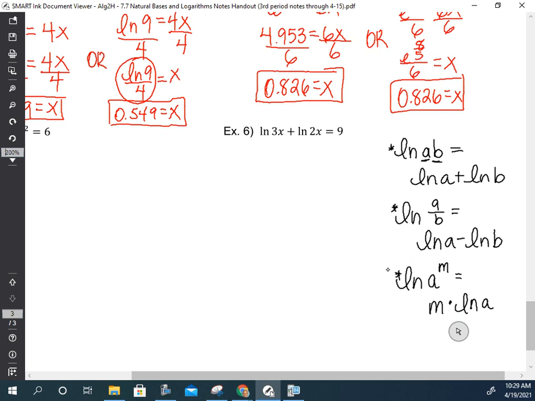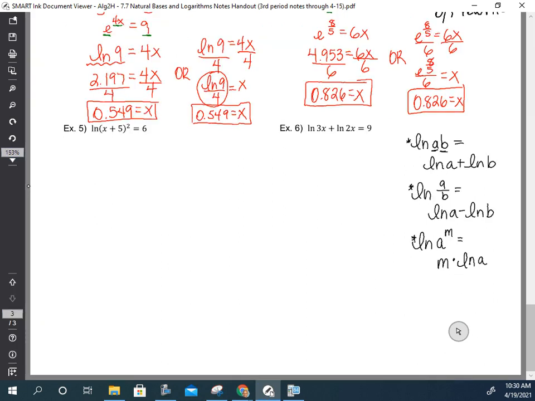So, in the case of example 5, you have natural log of (x plus 5) squared equals 6. Key thing here, you've got an exponent sitting in the problem.